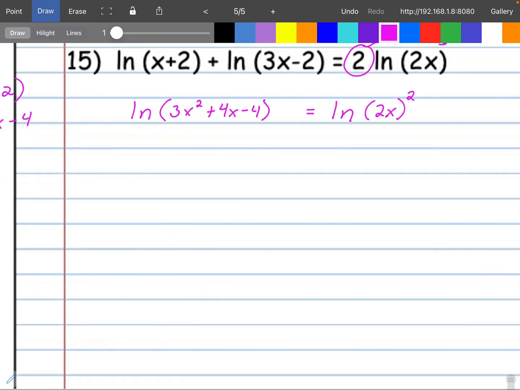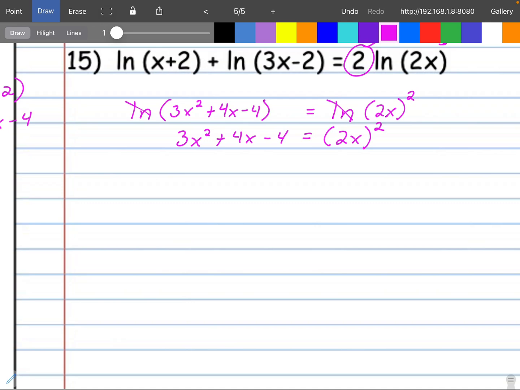All right, so then if I want to solve this, I now see that I have a single natural log on both sides. Therefore, I can now ignore the natural log and focus on what we're taking the log of. So 3x² + 4x - 4 must equal the same thing as (2x)².